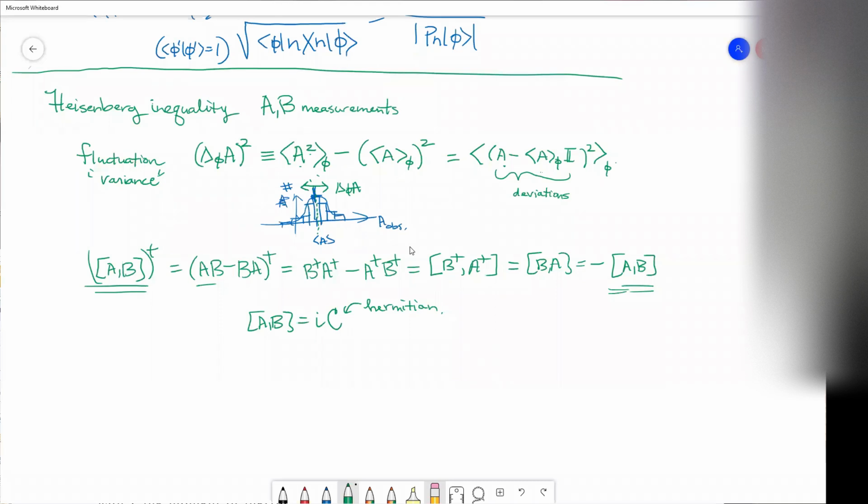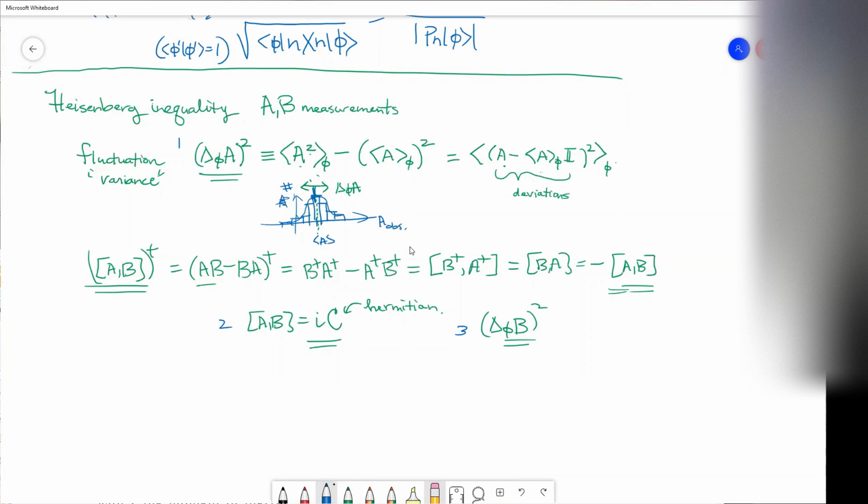We're going to try to connect the fluctuation in A, the commutator between A and B, and the fluctuations in B. We're going to see if we can connect 1, 2, and 3 into some kind of inequality, which will be the general Heisenberg inequality.